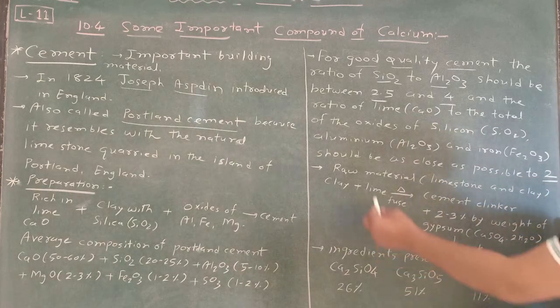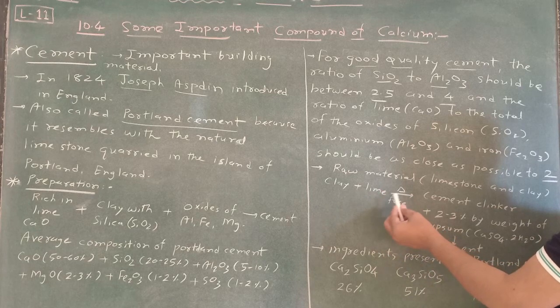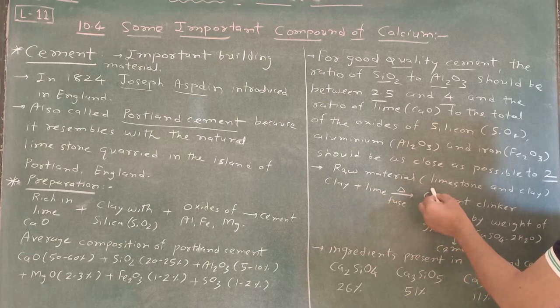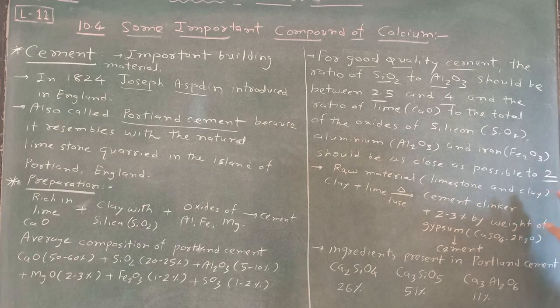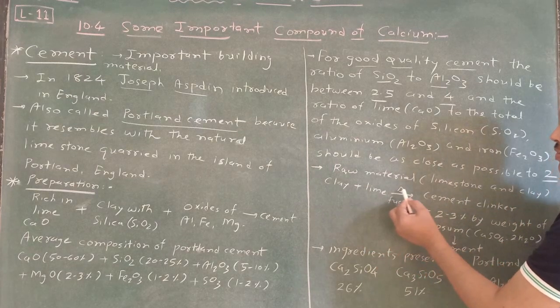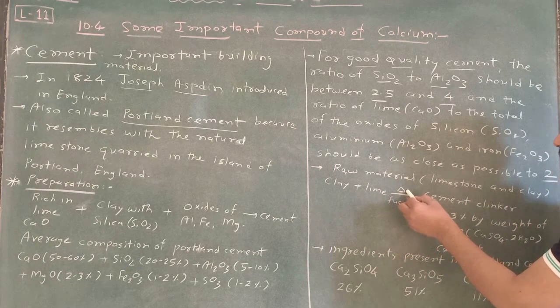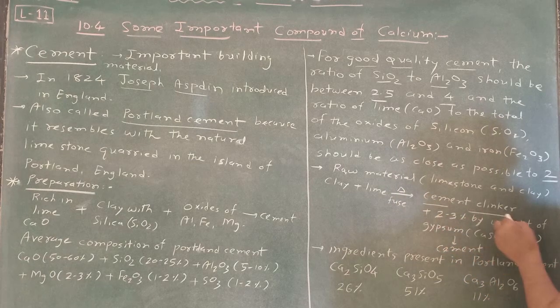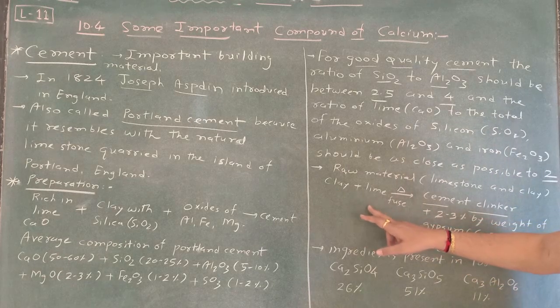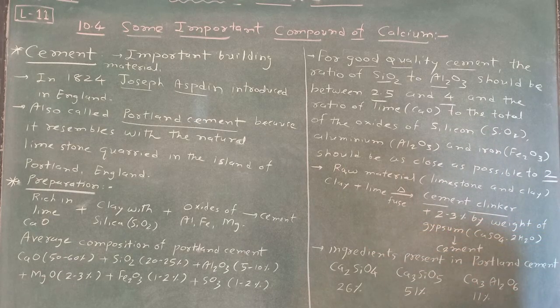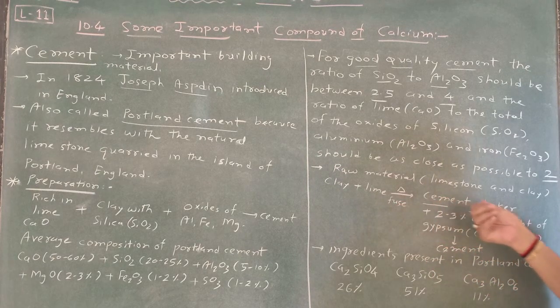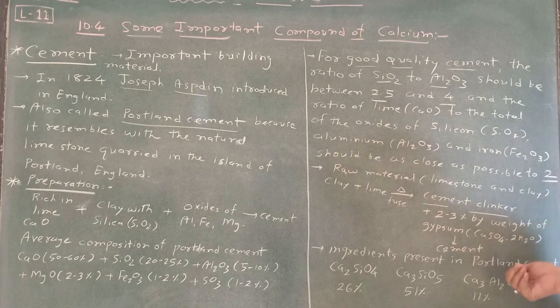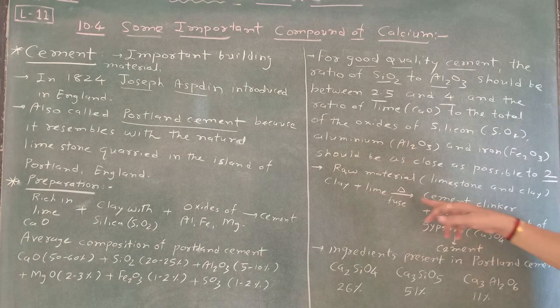Now raw materials. How is this cement prepared? The raw materials contain limestone and clay. When this clay and lime are strongly heated, they completely fuse and are converted into cement clinker. What is the meaning of cement clinker?